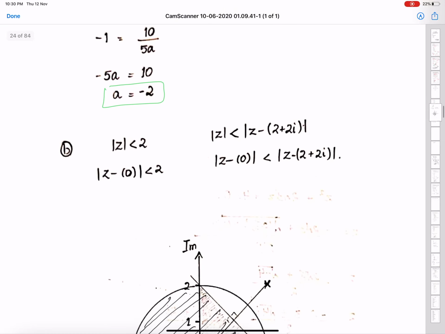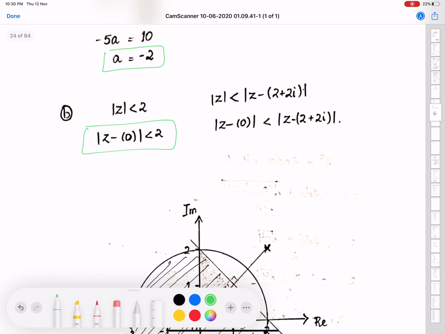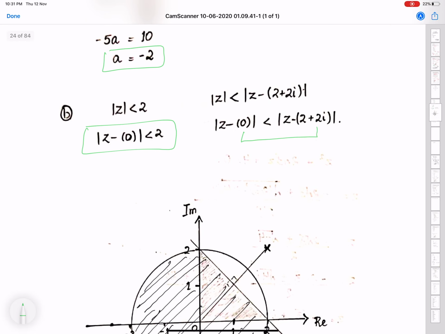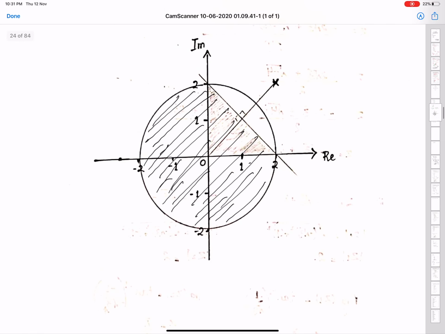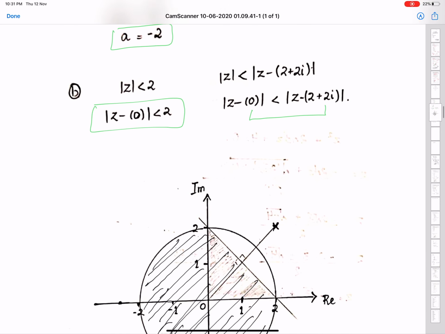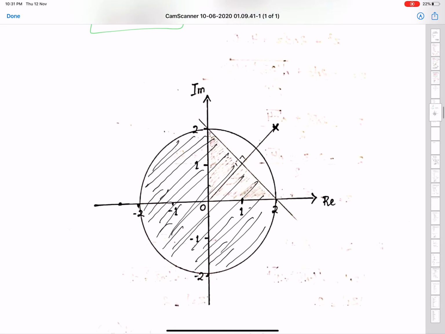Now, this is the inequality of circle. The circle should be broken. And this is the bisector of 0 and 2 plus 2i. So this is fine, but this should be broken. Like the bisector should be broken, and the circle should also be broken.